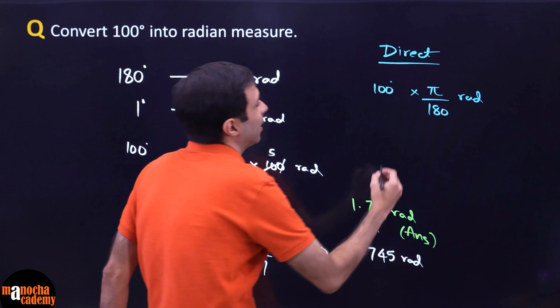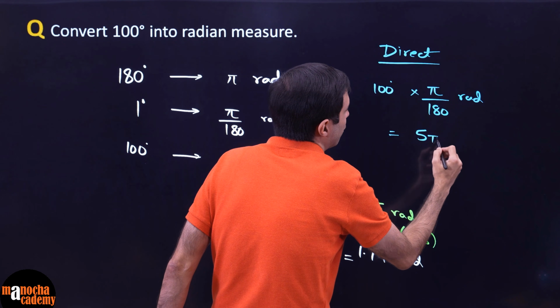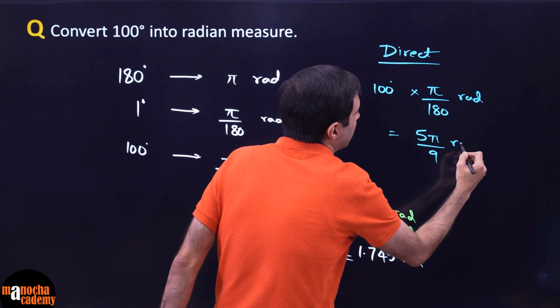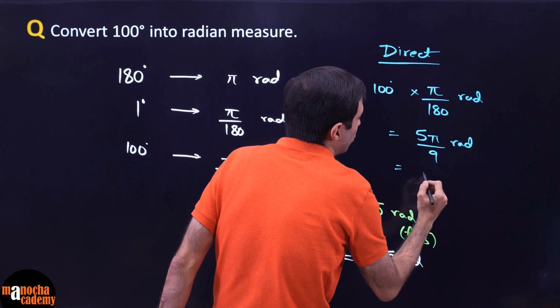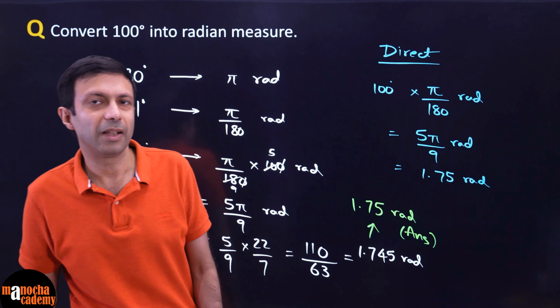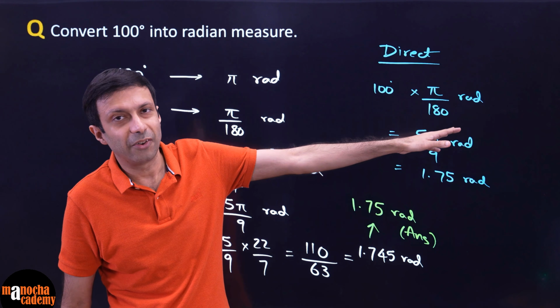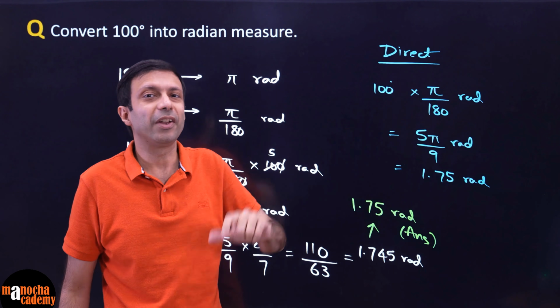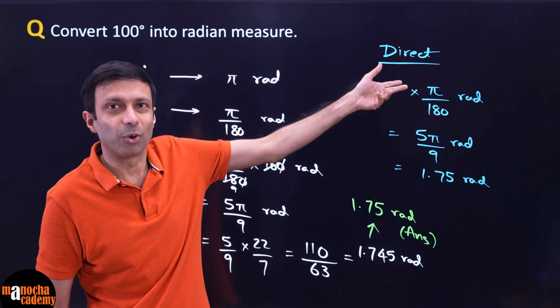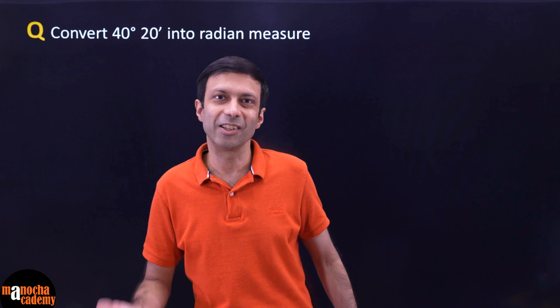The 0s will cancel, so you'll get 5 pi by 9 radian, and if you do the division, you will get 1.75 radian. So no need to use the unitary method every time. Directly multiply by pi by 180 to go to radians, and if you're going from radians to degrees, then you need to multiply by the reciprocal, 180 by pi. As simple as that. Let's try another question.